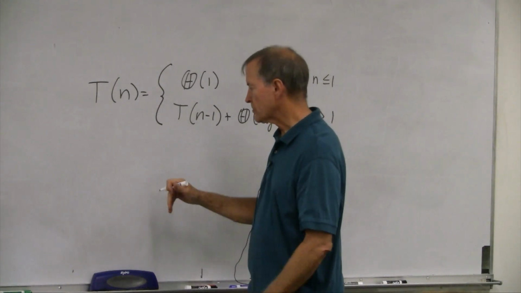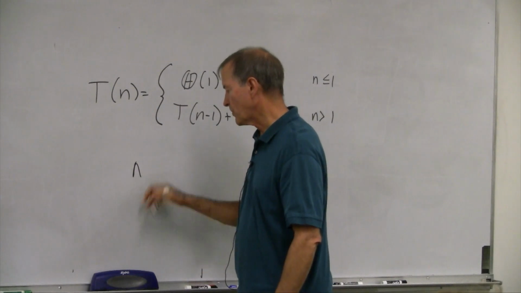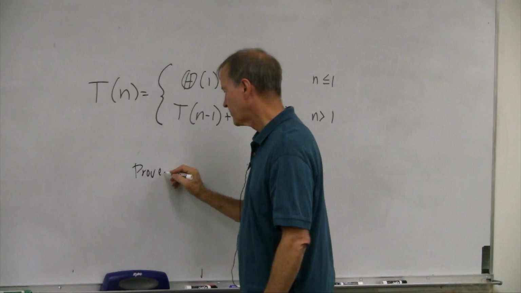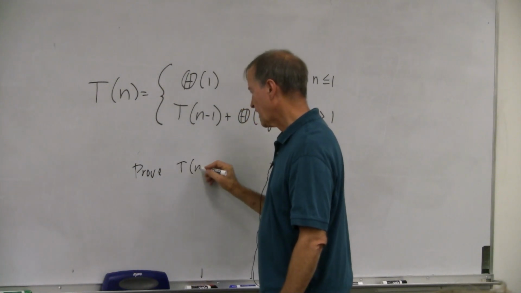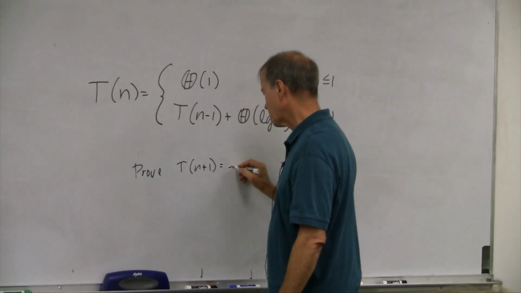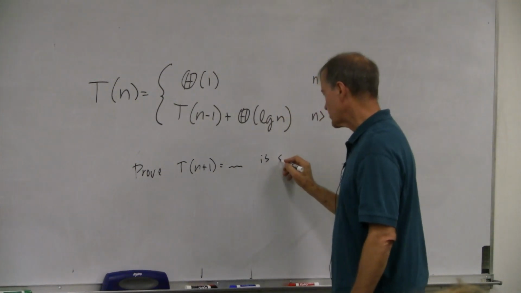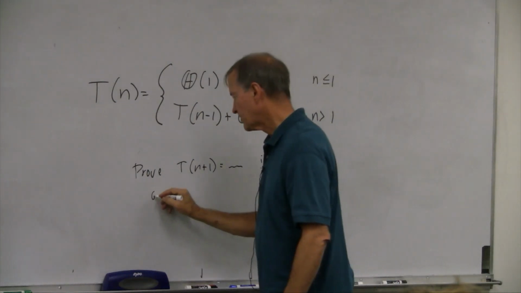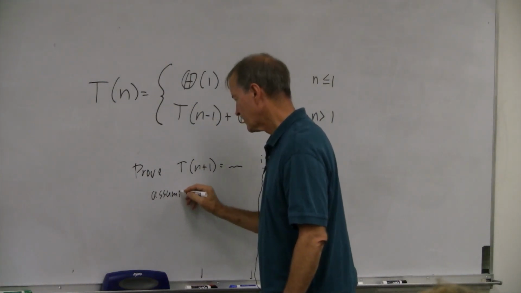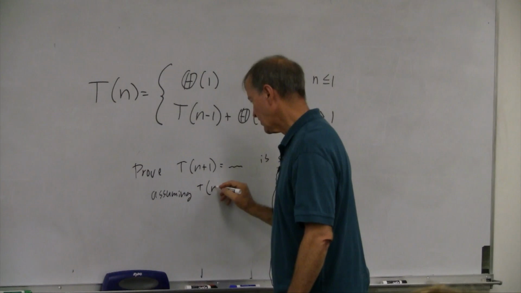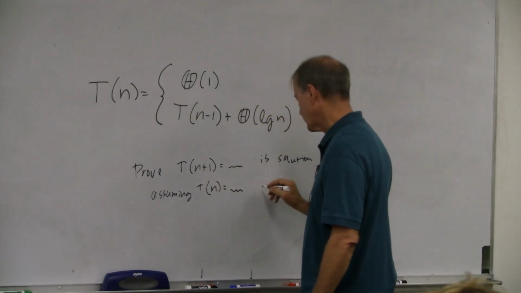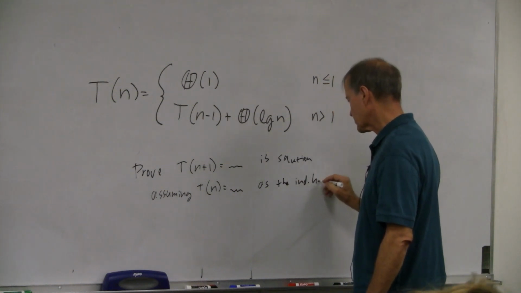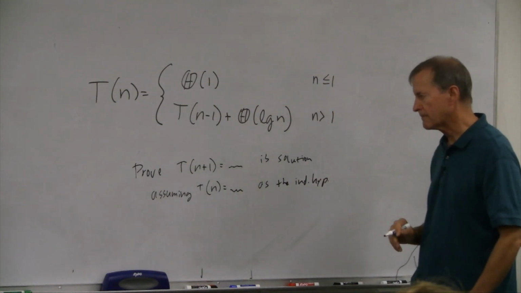So the way we would do it is we would say prove T of n plus 1 equals blah blah blah blah is the solution, assuming what? Assuming T of n equals blah blah blah blah blah as the inductive hypothesis. Right? That's how we would do it.